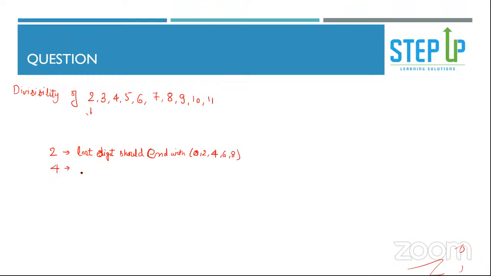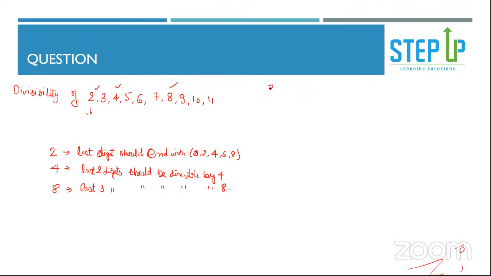For 4, the last 2 digits should be divisible by 4. And then comes 8. In the case of 8, the last 3 digits should be divisible by 8. So that was for 2, 4, and 8.